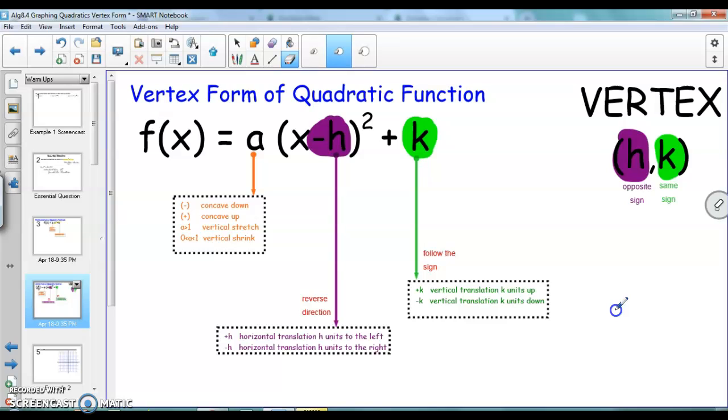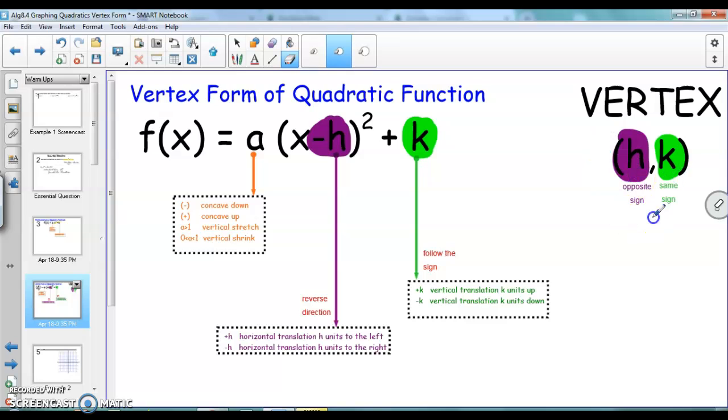So just get the opposite of the expression here in the quadratic term, and that will be the value of h. Now, the k value doesn't change its sign, so whatever the sign here is, that will be the same sign of k in the vertex.